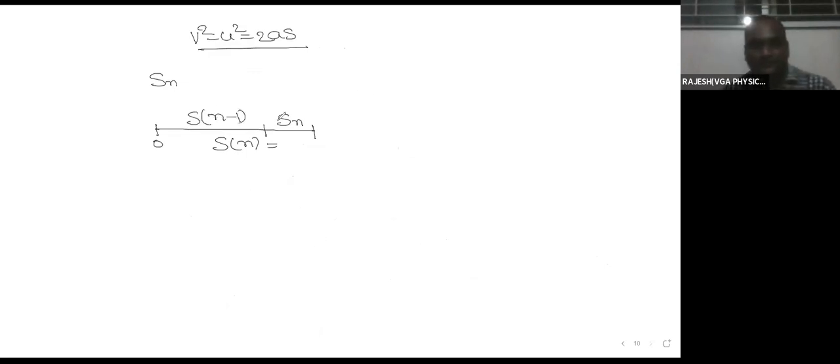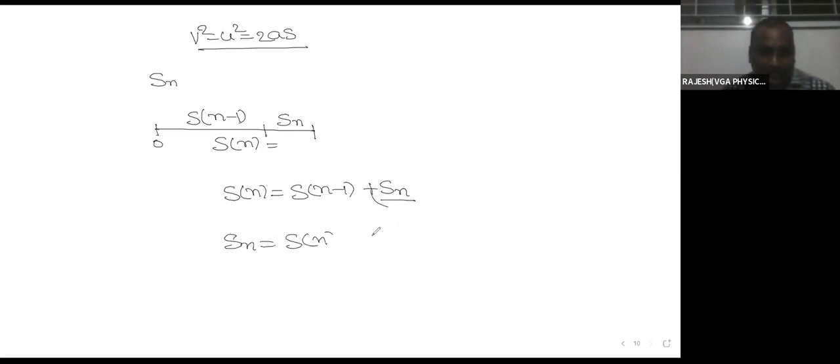So total displacement in n seconds is nothing but total displacement in n minus 1 seconds plus displacement in nth second, Sn. So Sn is equal to total displacement in n seconds minus total displacement in n minus 1. So in place of t, if you take n, un plus half an square, and you will get final formula as u plus a by 2 of 2n minus 1. The distance traveled in nth second.